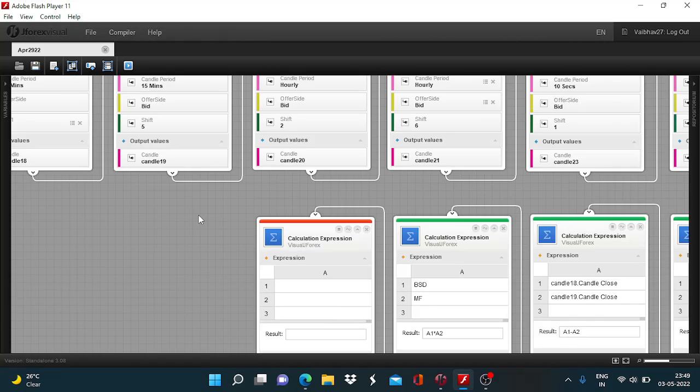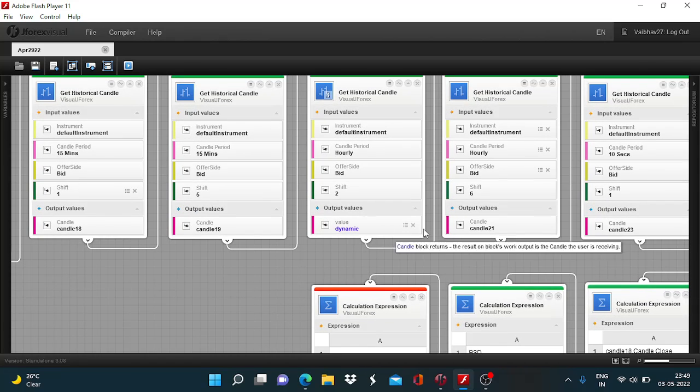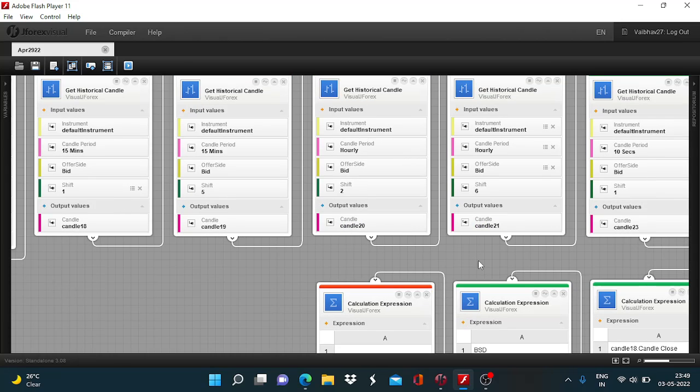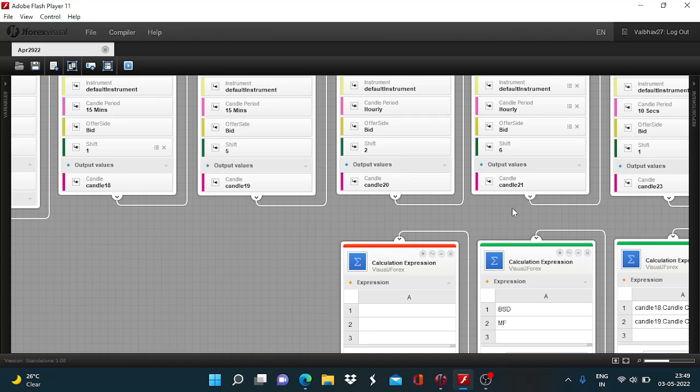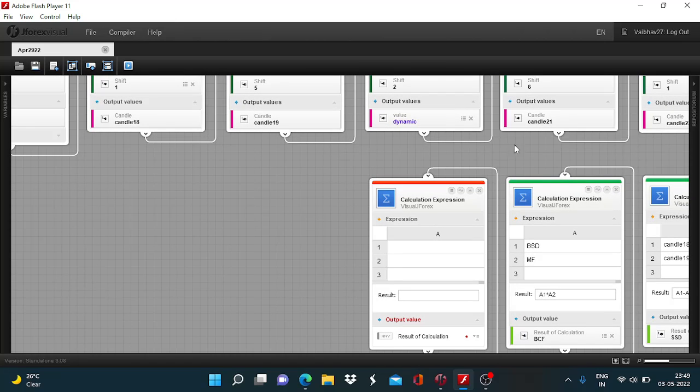Okay. Now we compare these two closing values, and for the buy side we will need the candle 20 candle close to be lower than the candle 21 candle close. So we will have to deduct the candle 20 candle close from candle 21 candle close.